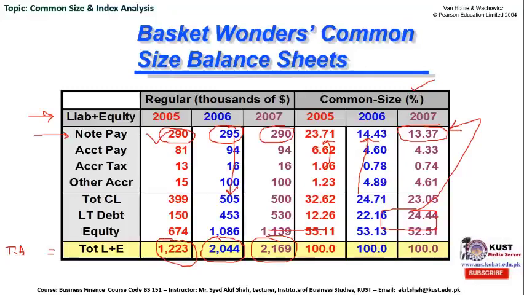Therefore, the percentages are the standardized measure to compare these values within the company as well as with the industry benchmark. Also, we can compare these percentages with other external companies in order to know where the company is performing good and where the company is performing bad.